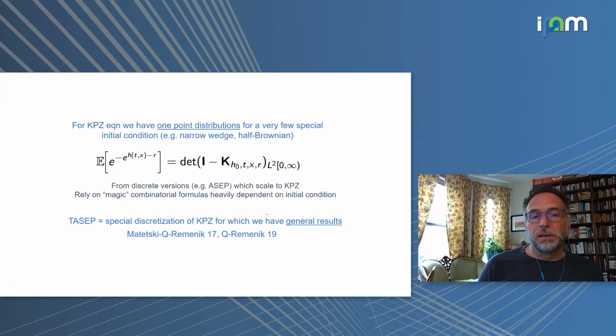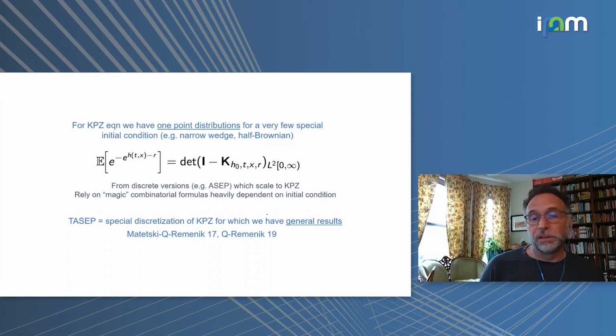The determinant is a Fredholm determinant of I minus an operator K, which is an integral operator. So K is an integral kernel, and that integral kernel is some special integral kernel, which is calculated. It depends on the initial data, and of course, T, X, and R. I won't write them down. They're a little bit complicated. The key point is that all we know is one-point distributions for 2 or 3 special H0s.